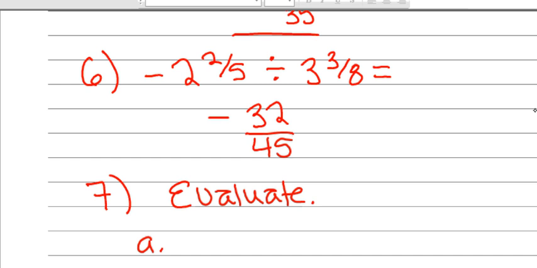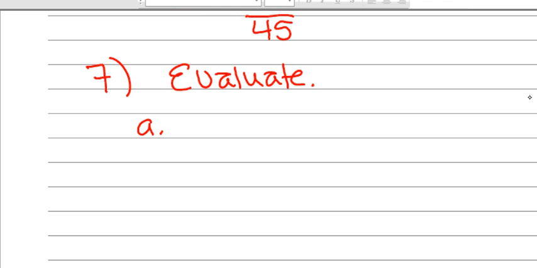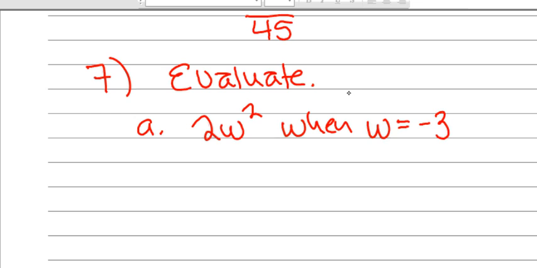And I've got A, which is giving me 2w squared when w is equal to -3. So wherever there's a w, I'm going to plug in -3, because remember in class we talked about evaluate, meaning plug in.